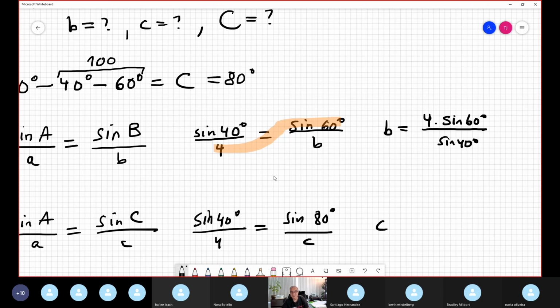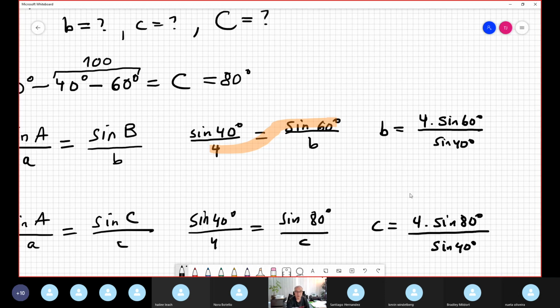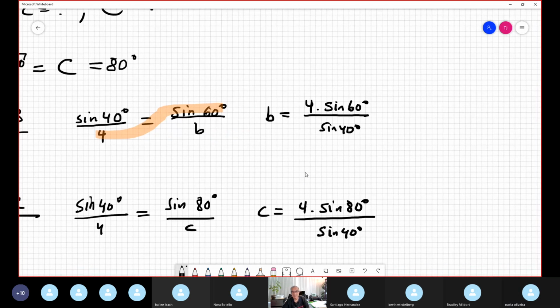And likewise, c is equal to 4 times sine 80 degrees divided by sine 40. And the rest is calculator. And that's it. b gave me 5.39. Exactly.